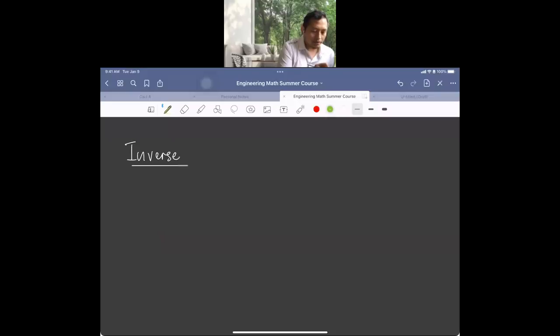So remember that if we have matrix A and matrix B, AB will not be the same as BA. But if both matrices are inverses, then let's say A is an n by n matrix.